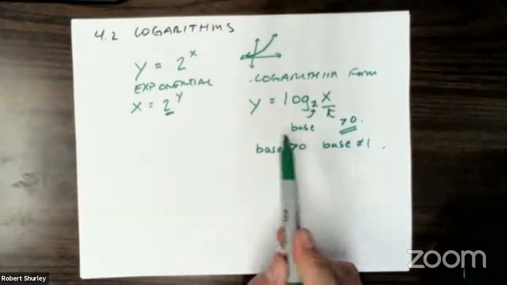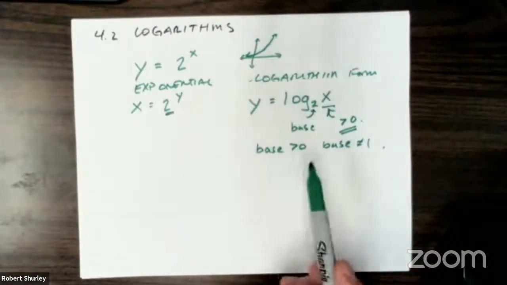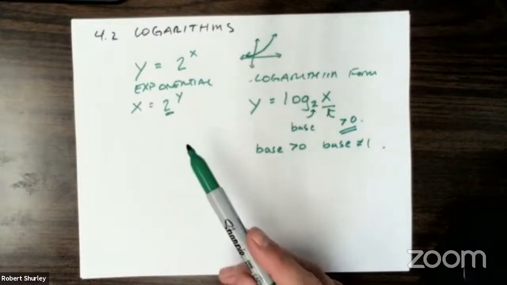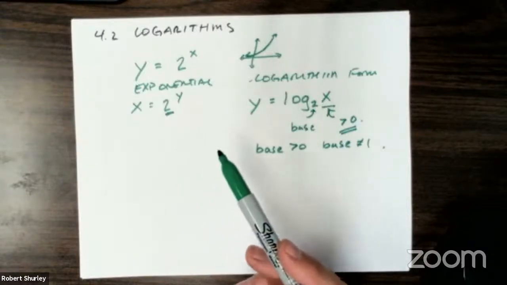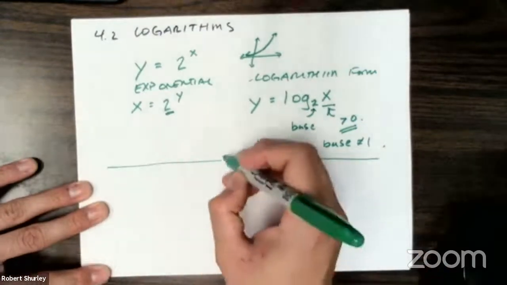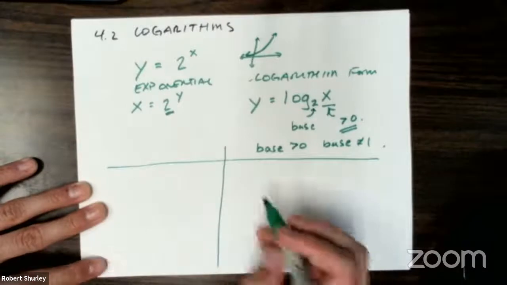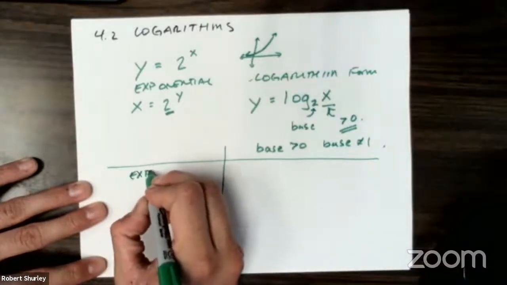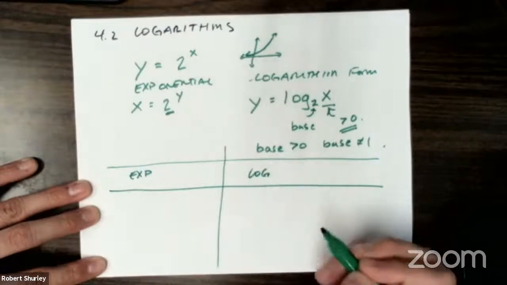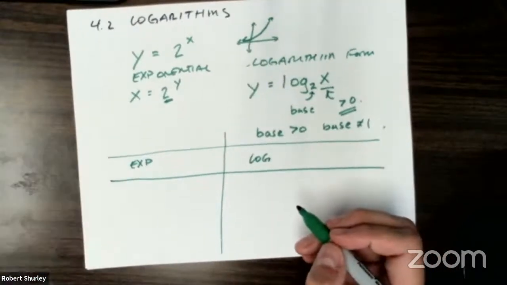We'll get there. But for now, we're going to focus on just going back and forth between an exponential equation and a logarithmic equation, okay? So all I'm going to do now is just write these back and forth. So we're going to start with an exponential equation, and we're going to turn it into a logarithmic equation.